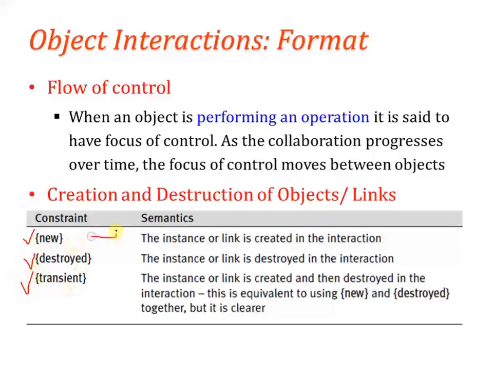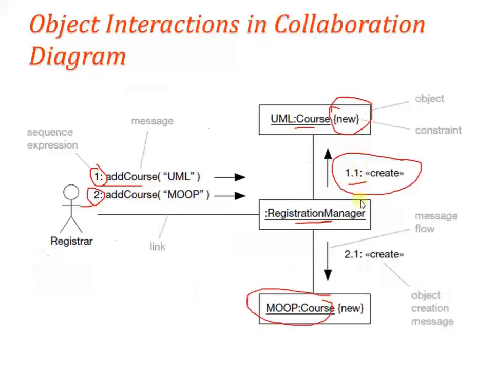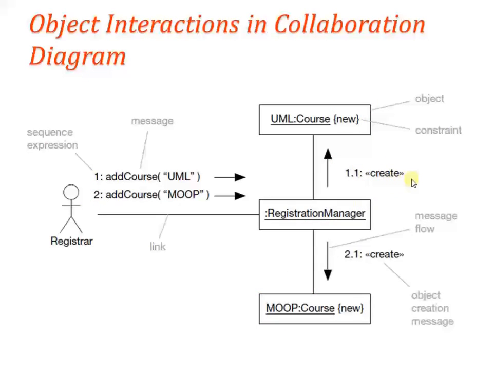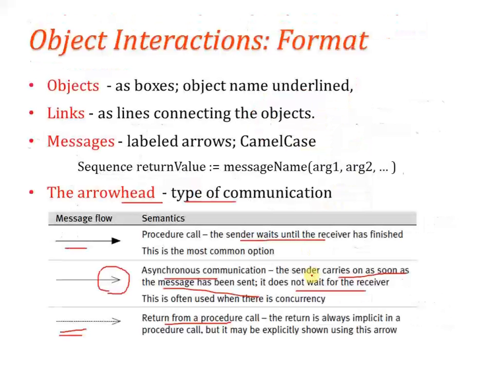New means the instance, that is the object, has been freshly created only after the message has been triggered. You can see in this diagram, only after the create message is triggered is this object created. Before this, the existence of this particular object is not available. Only after 1.1 is triggered, a UML course object has been freshly created.